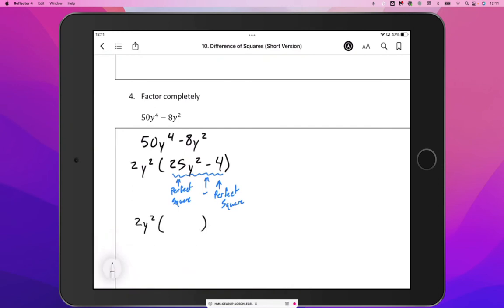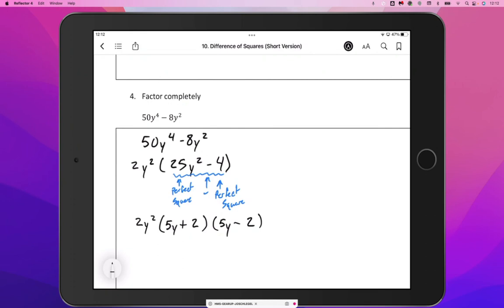Then Mickey Mouse ears. One of these is going to be a plus sign, one of these is going to be a minus sign. 5y is the square root of 25y squared. And then the square root of 4 is going to be 2. And so again, because it's a difference of squares, we have that minus sign between two perfect squares.